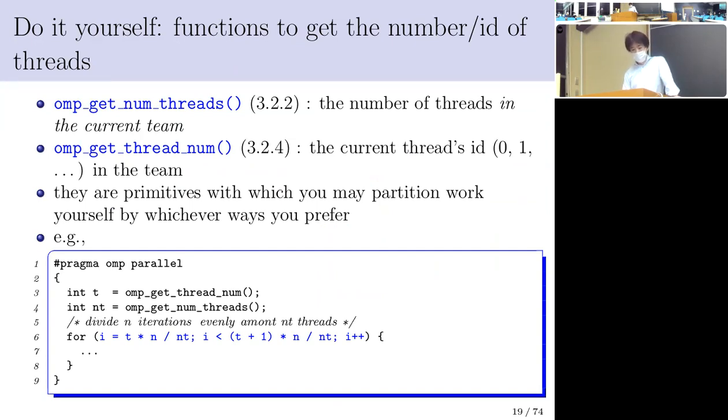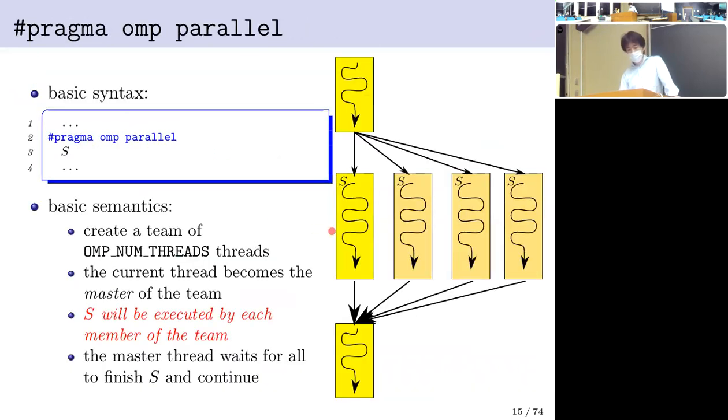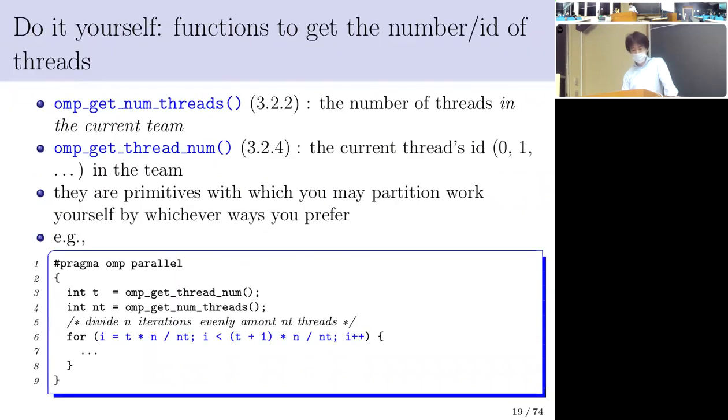For example, when this thread calls omp_get_thread_num, it is likely to get 0. And when this one calls the same function, it will get 1, etc. These are very primitive, but in theory, this is all you need. Once you know how many threads there are, and my position in the team, my name in the team, you can divide the work in whatever way you like.